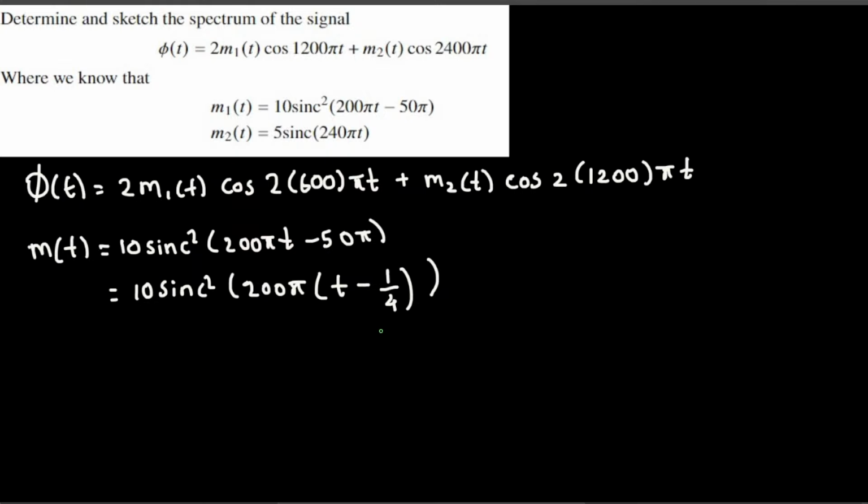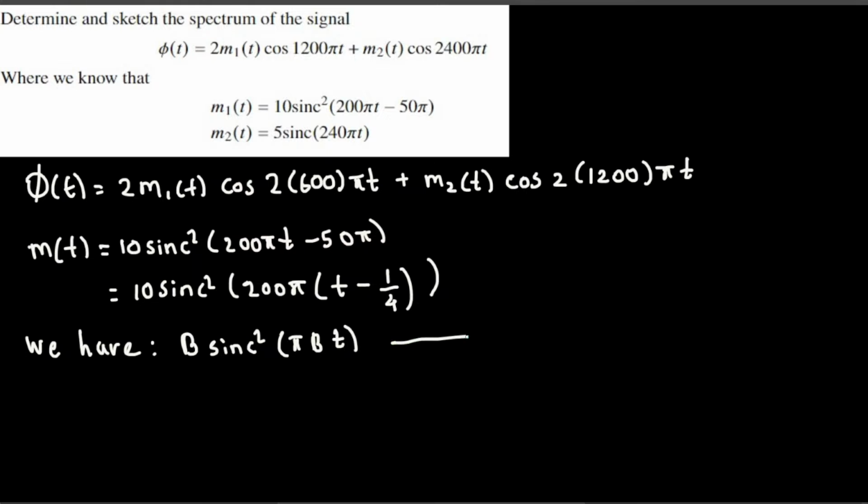After that, this form is helpful to convert into the Fourier transform, because in the Fourier transform we have something like this. We have b sinc squared of pi b t.